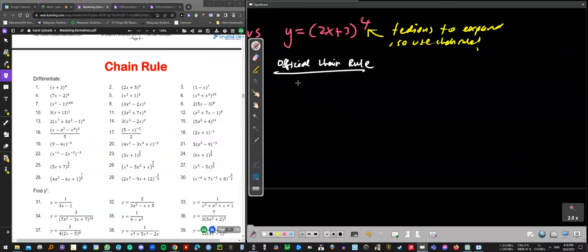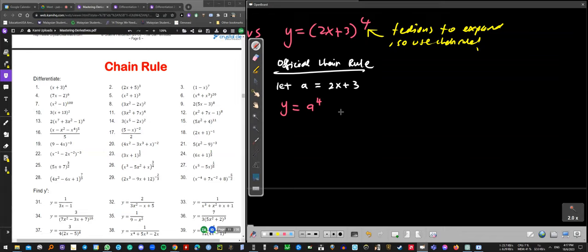I purposefully pick a letter A equal to the inside of the bracket, 2x plus 3. Then my whole equation becomes y equals a to the power of 4, right? This is the official chain rule, a bit troublesome but just follow me.